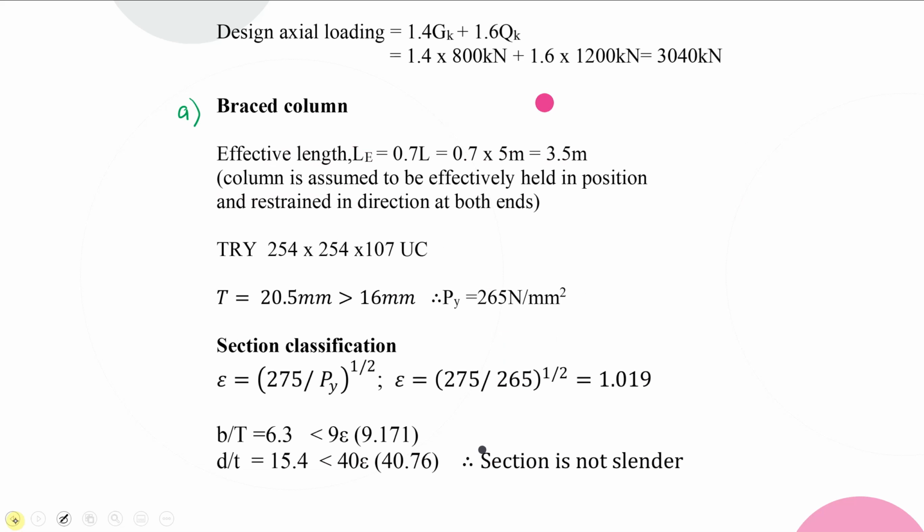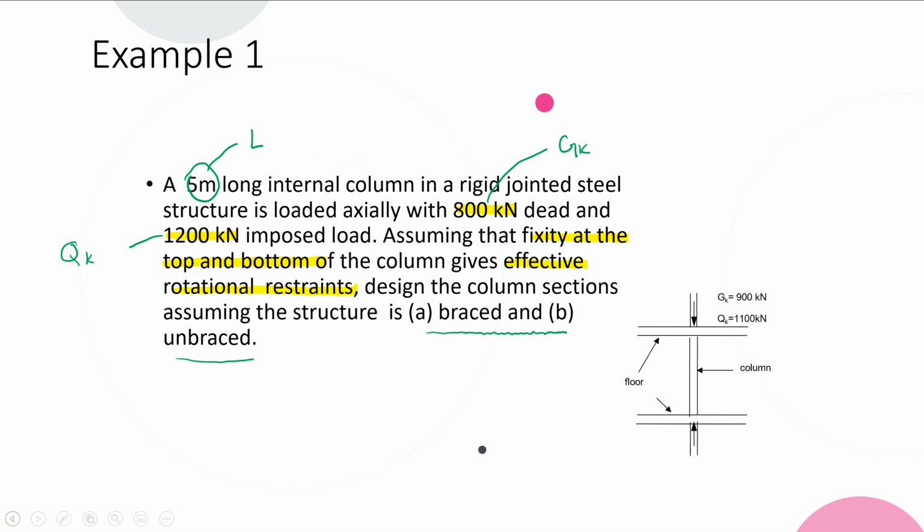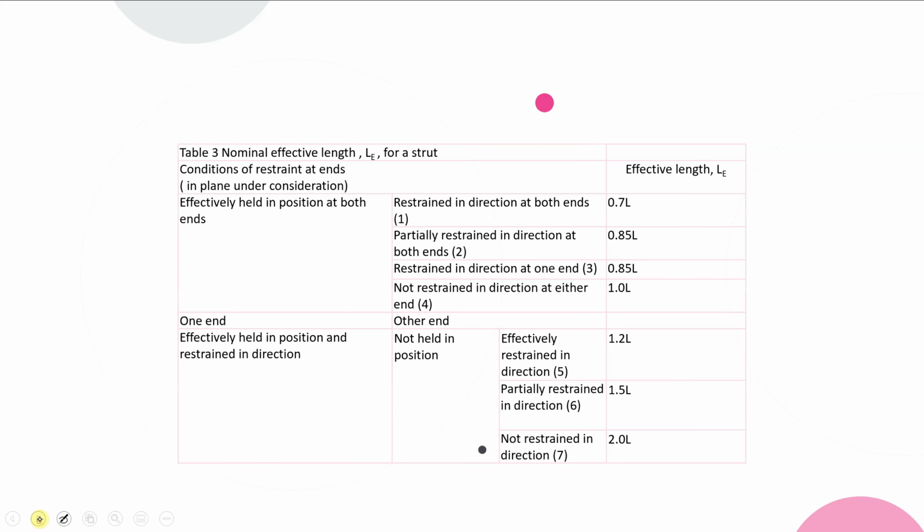Kita refer balik to the question. Okay, assuming that the fixity at the top and bottom of the column give effective rotational restraint. Okay, bottom and top dua-dua sama effective rotational restraint.